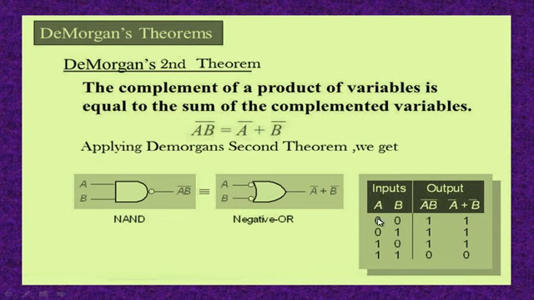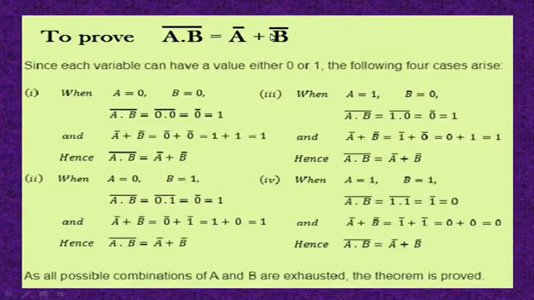Now to prove De Morgan's second theorem, that is, complement of product is equal to sum of their complements. Since each variable can have a value either 0 or 1, the following four possible cases arise. When A is equal to 0, B is equal to 0, this is the first case.